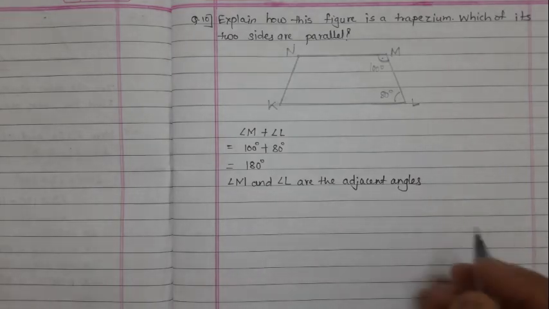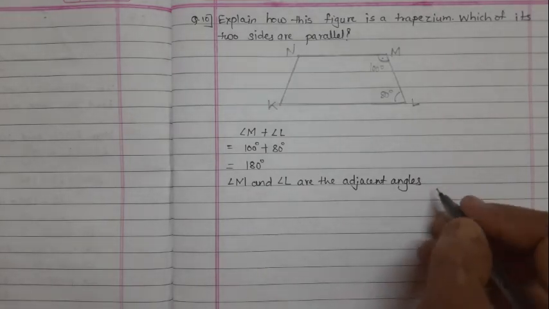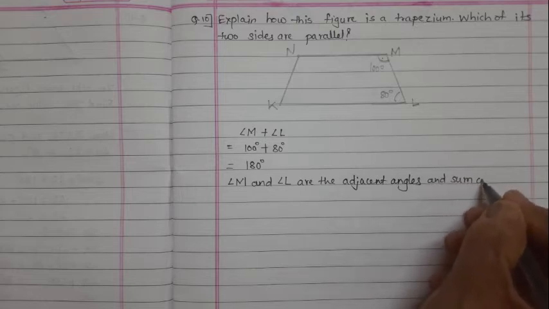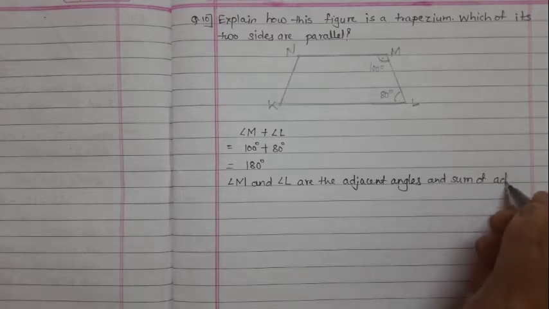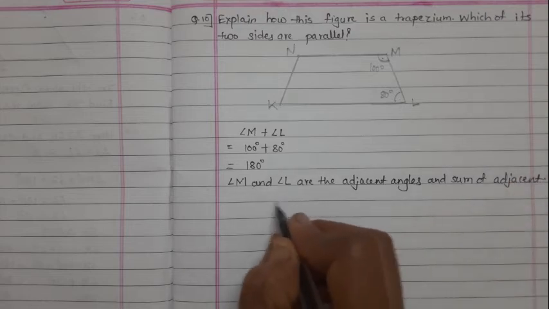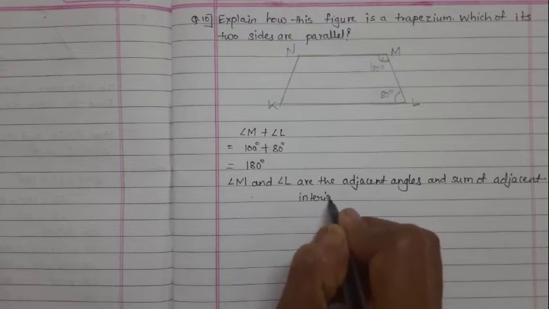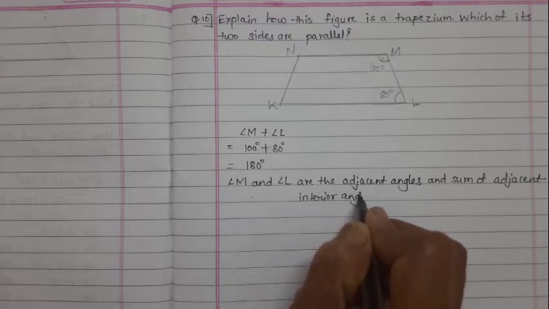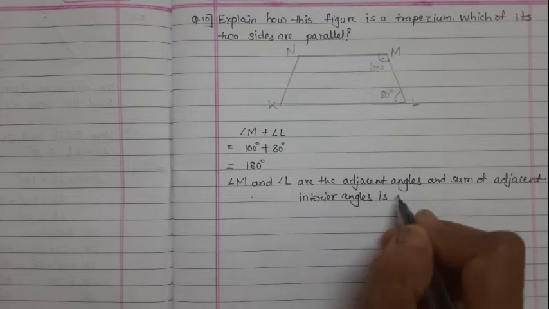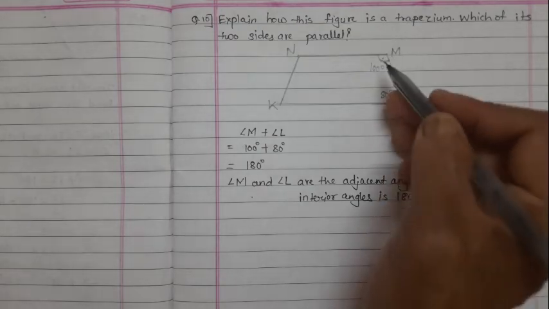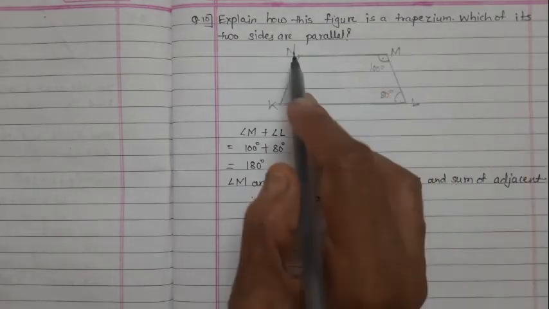So these are the adjacent angles, and the sum of adjacent interior angles is 180 degree.